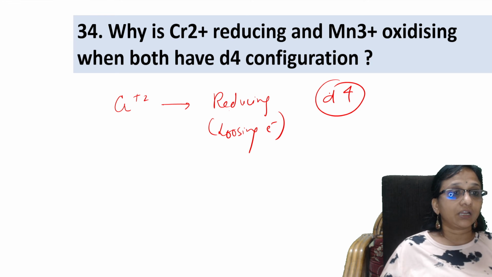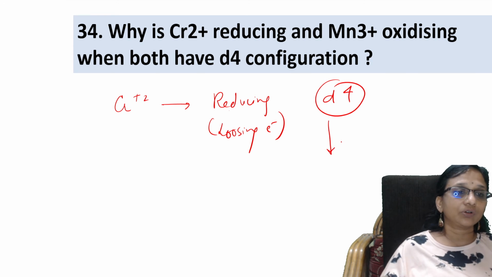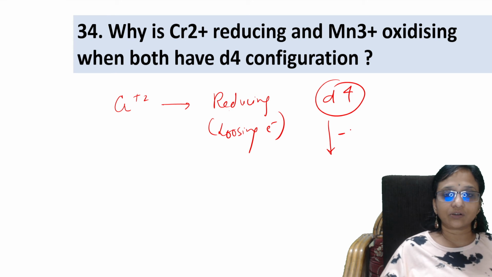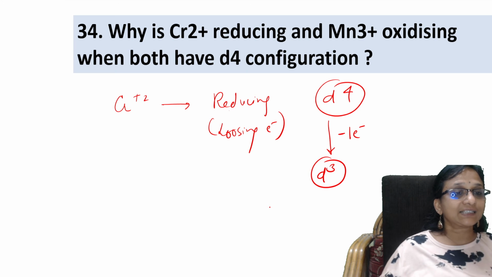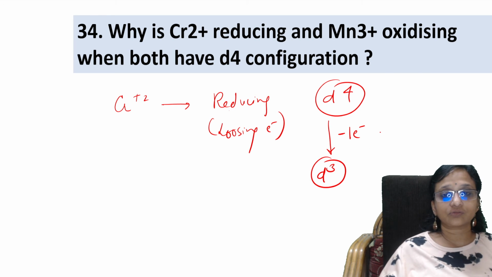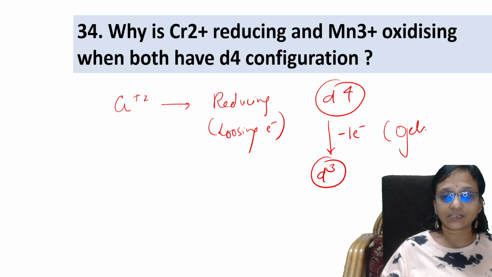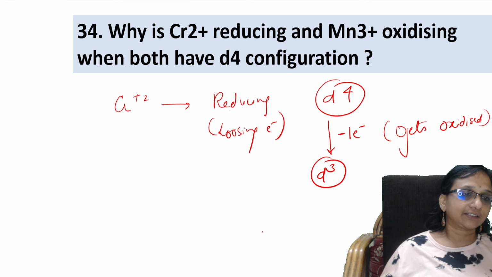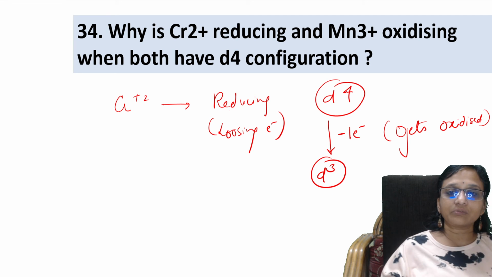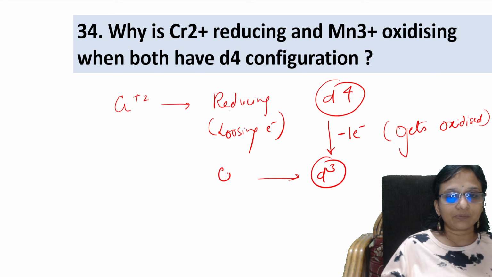Now, what will it do? It is going to lose one electron and become d3 configuration. It gets oxidized, itself, as it loses an electron and reduces the other. So from d4 it is becoming d3. Now what is this configuration? This is nothing but Cr plus 3.